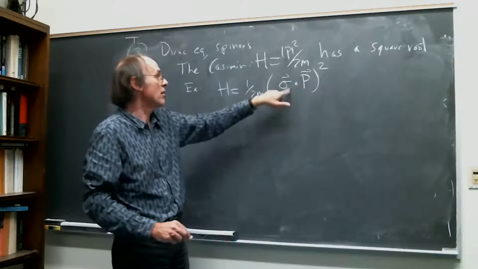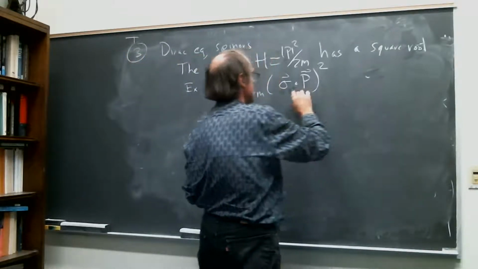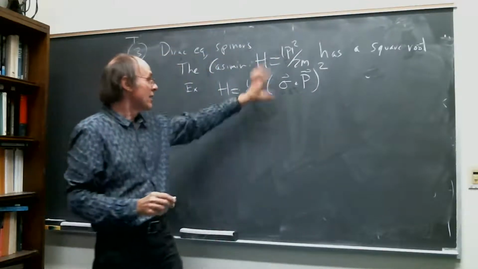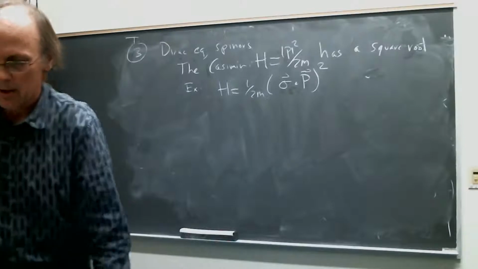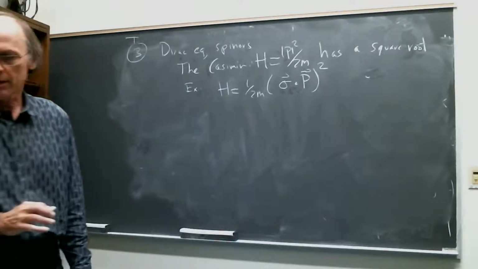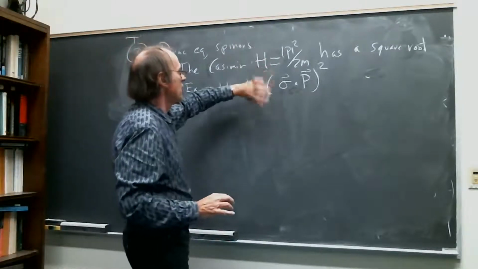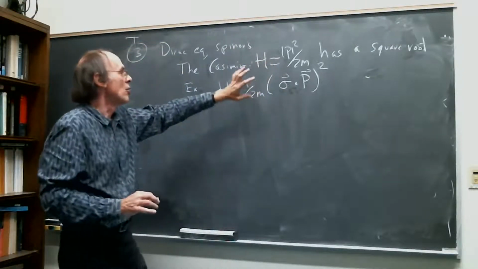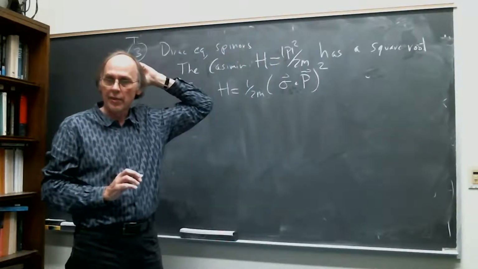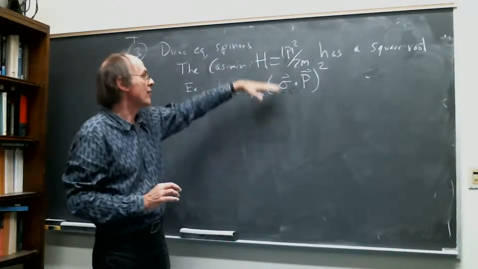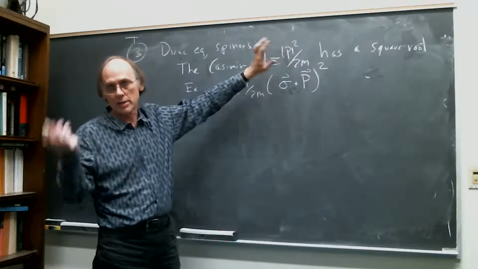So this thing has a square root, sigma dot p. So the Hamiltonian is a perfect square. That's a basic idea, and the story of the Dirac equation is really just what happens when you go to relativity and work in 3+1 dimensions, take the analog of this, which is the Klein-Gordon equation, and take the square root of that.